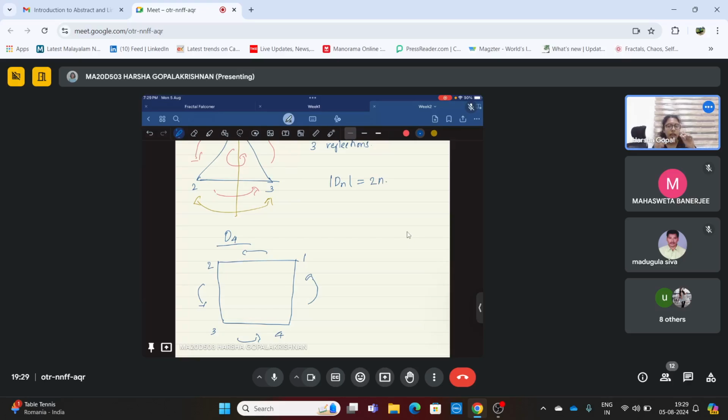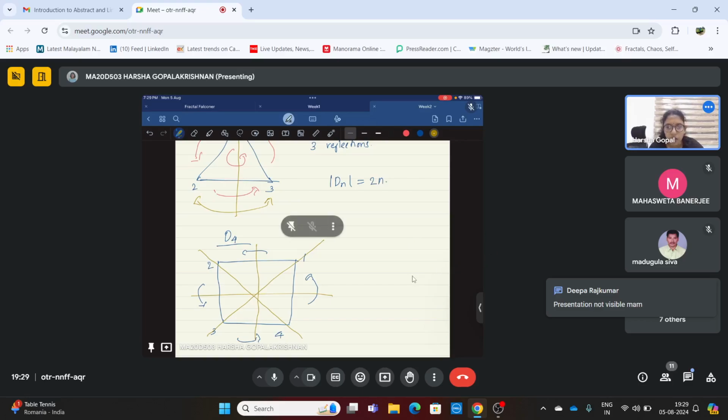And I will have reflections like this along this axis: 1 to 2, 2 to 1, 4 to 3, 3 to 4. The same way along the other axis, 2 and 3 interchange and 1 and 4 interchange. The same way along this diagonal, 1 and 3 are fixed and 2 and 4 are exchanged, and this one also. Oh, sorry, the presentation is not visible.